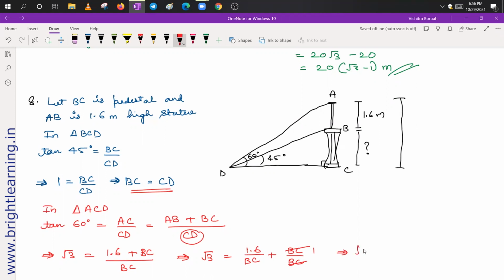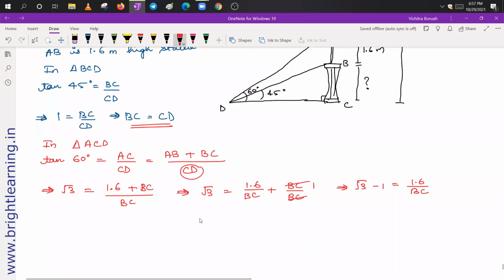So you will get root 3 minus 1 is equal to 1.6 upon BC. Again, you can write BC as 1.6 upon root 3 minus 1. So this is the answer.